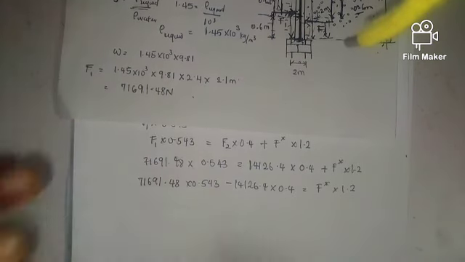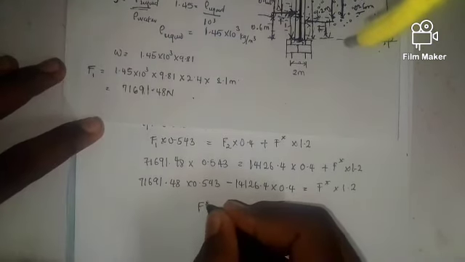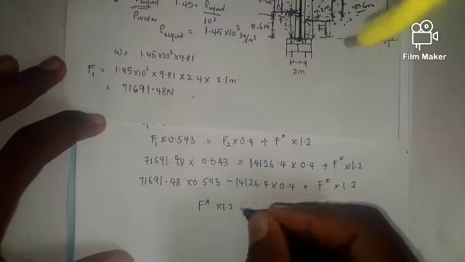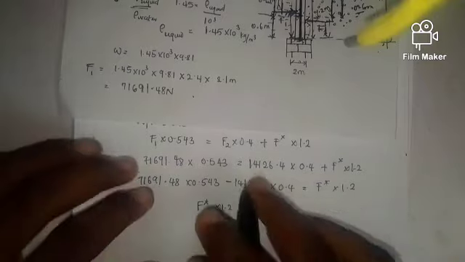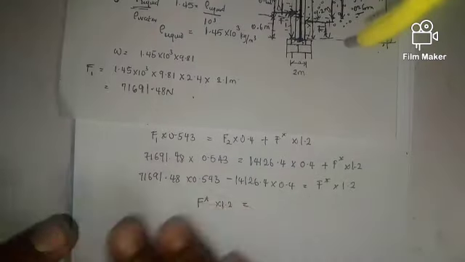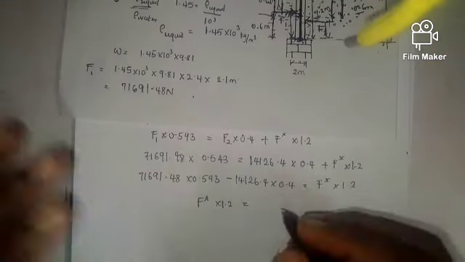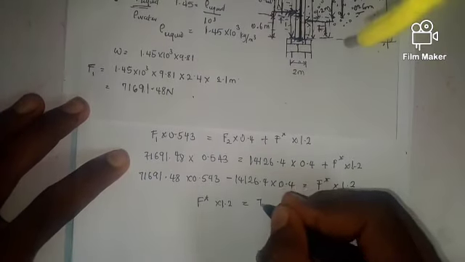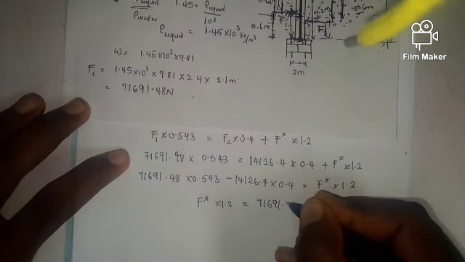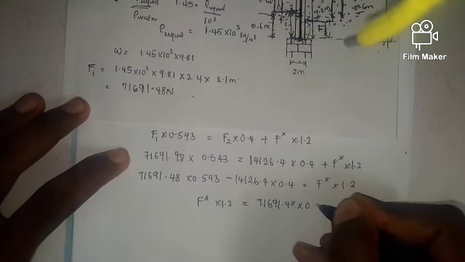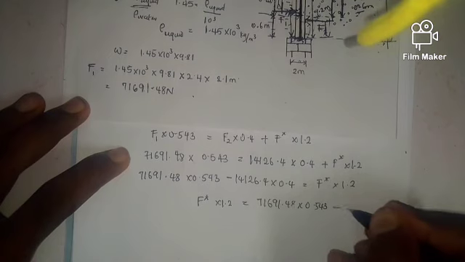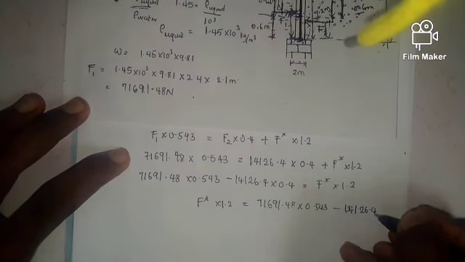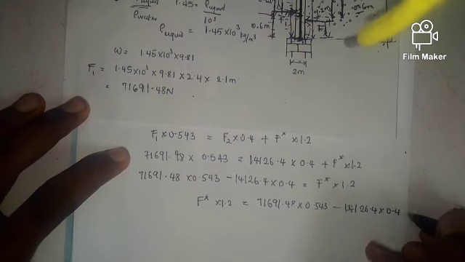Now you can just rearrange this to be equal to F star times 1.2, this minus this, just rearranging it to give us a more finished term. We have 71691.48 times 0.543 minus 14126.4 times 0.4.